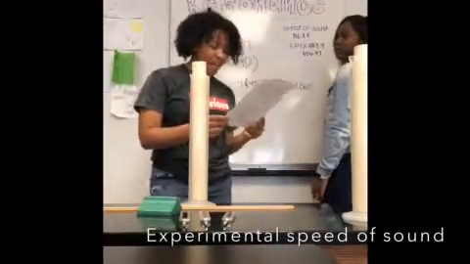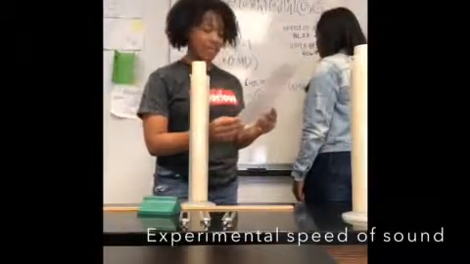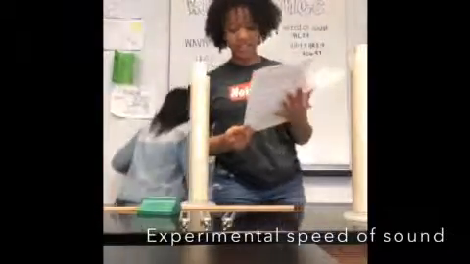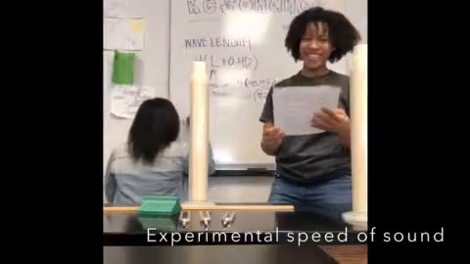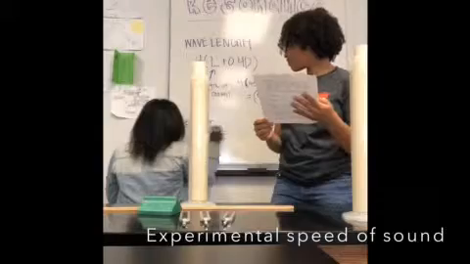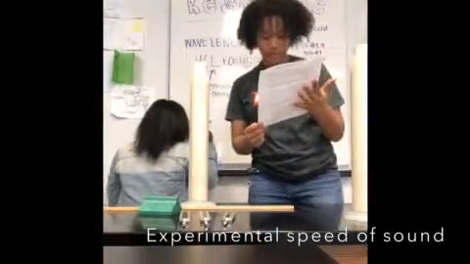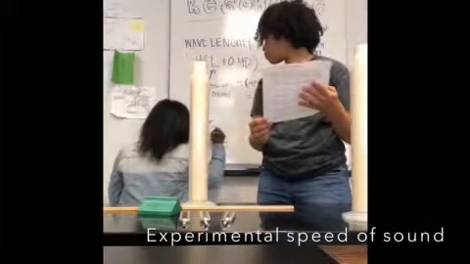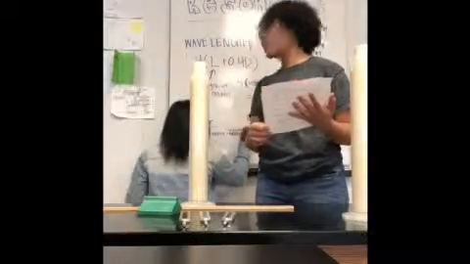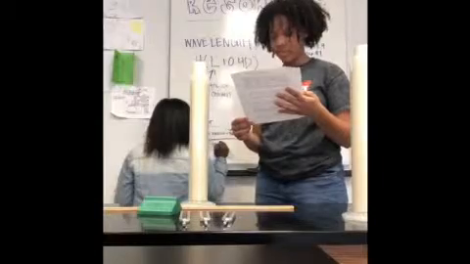After you do that, you do the analysis of the speed of sound, where relative error equals 100 times the absolute value of the theoretical value minus the experimental value, over the theoretical value.